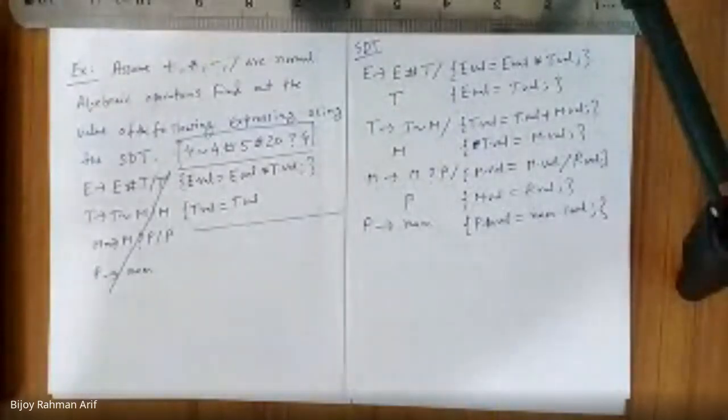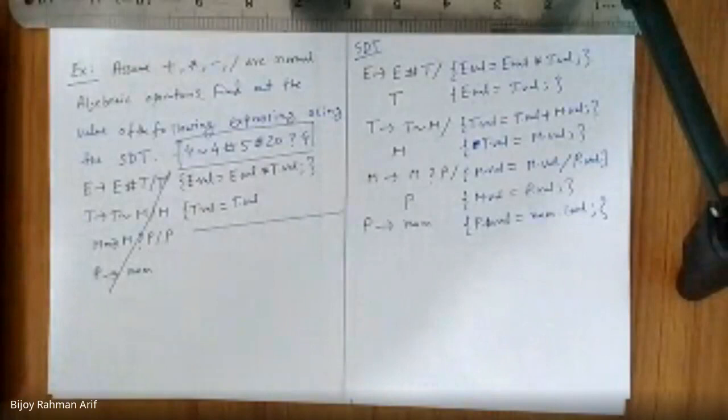One way is very simple, the very conventional way: draw the parse tree, traversing from top to down, left to right, find out the associated action, and then replace it with the associated action.